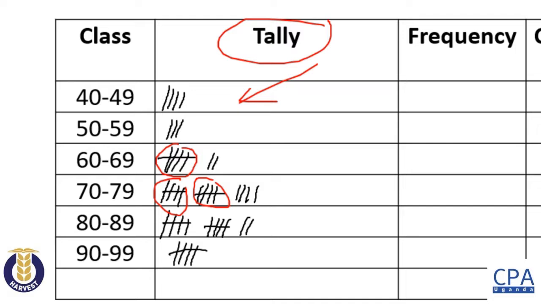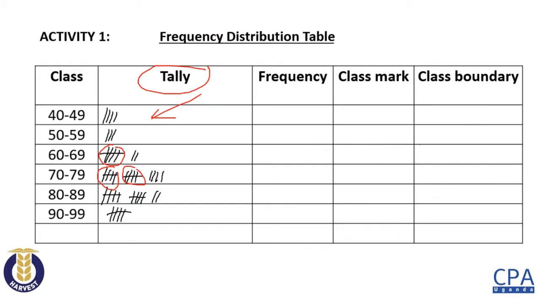The reason for doing this is that it enables one to tell the total number of scorers in each class more easily. Now, at the end of the day, we shall count these different bundles and strokes, and then we shall include the totals in the frequency column.